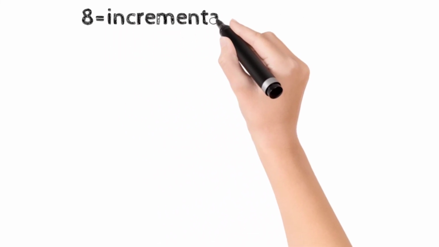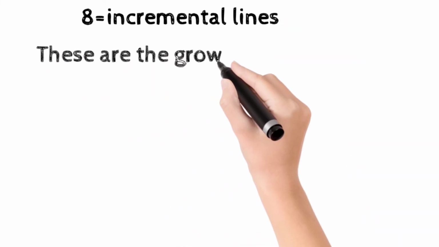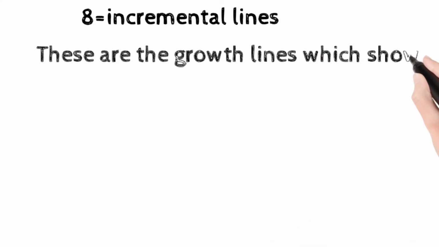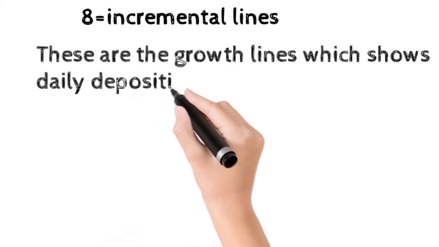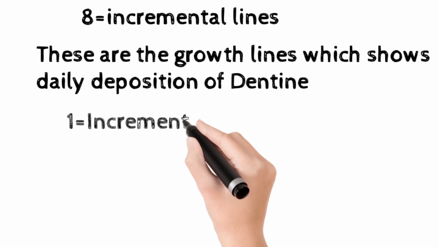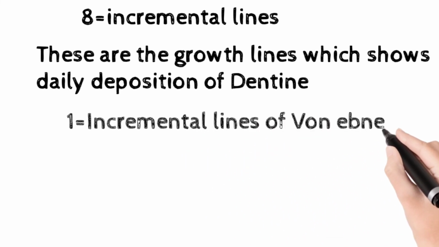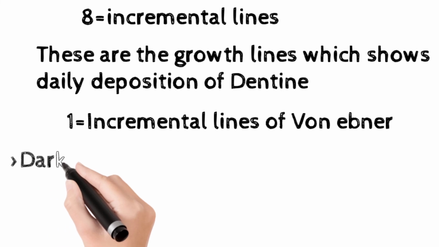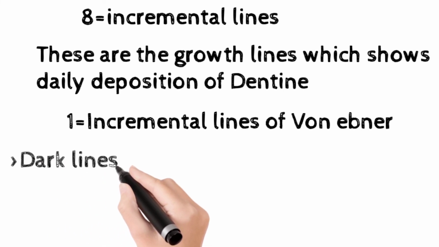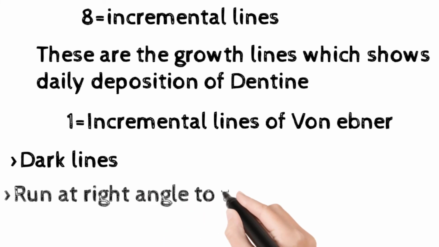Now come to the next topic, the incremental lines. What are incremental lines? These are the growth lines which show daily deposition of dentine. Now there are three incremental lines. First is the incremental line of von Ebner. What is the incremental line of von Ebner? First, it is a dark line.